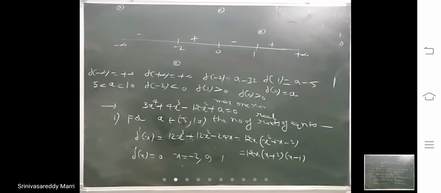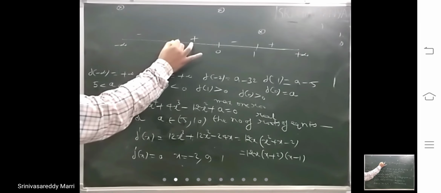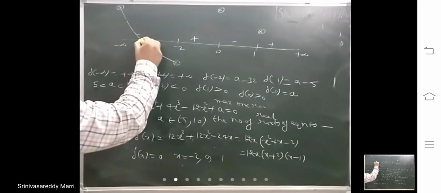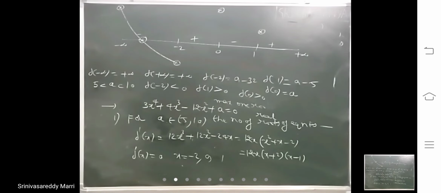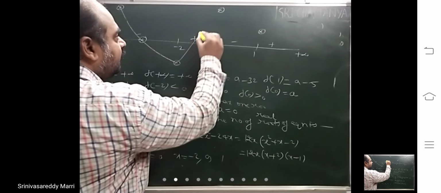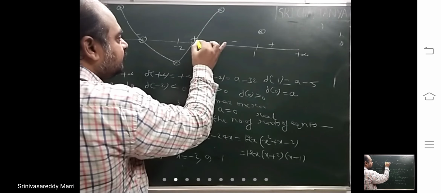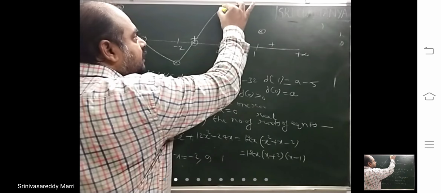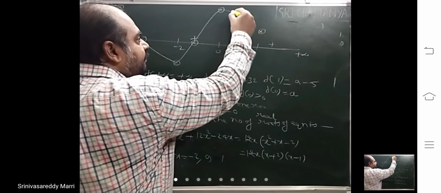Now look at, I am drawing minus infinity to minus 2 decreasing, top to bottom. There will be one root here. Then f of 0 positive, that means bottom to top. There will be one root here. f of 1 positive, connect. Decreasing means top to bottom like this.